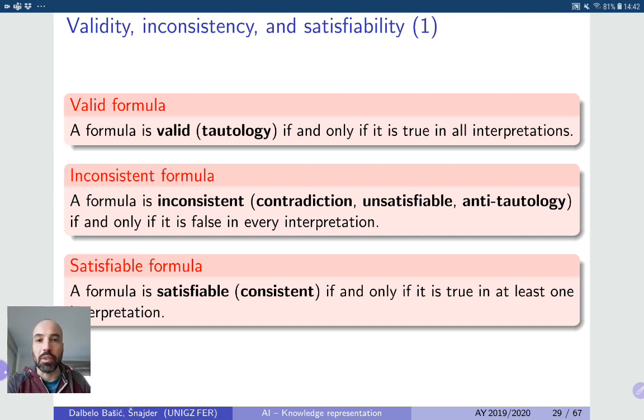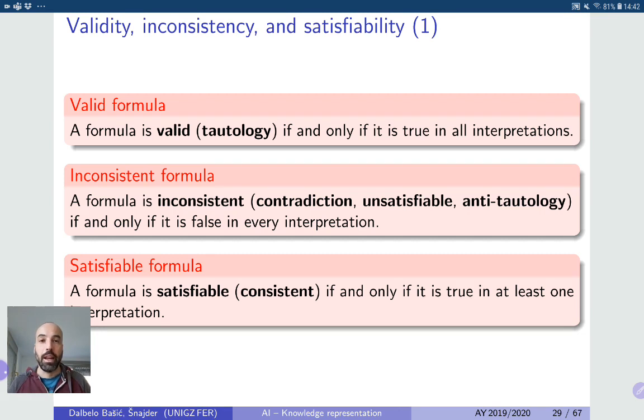Then the opposite is to have an inconsistent formula. An inconsistent formula is a formula which is never true in any of the interpretations, also known as a contradiction, an unsatisfiable formula, anti-tautology.